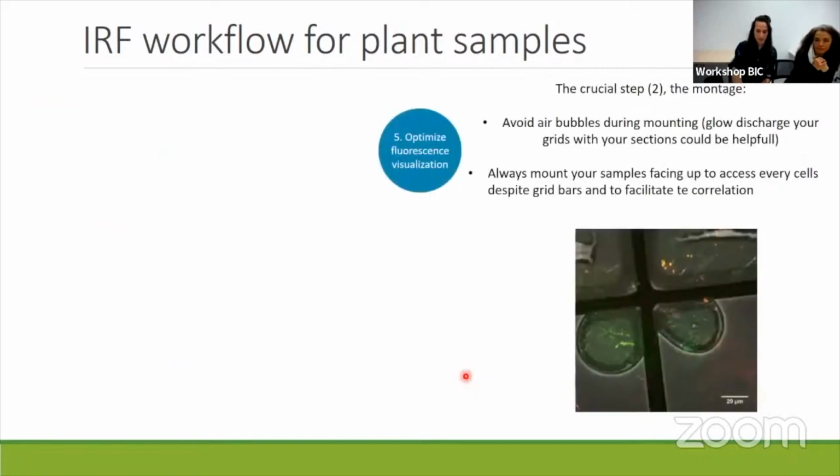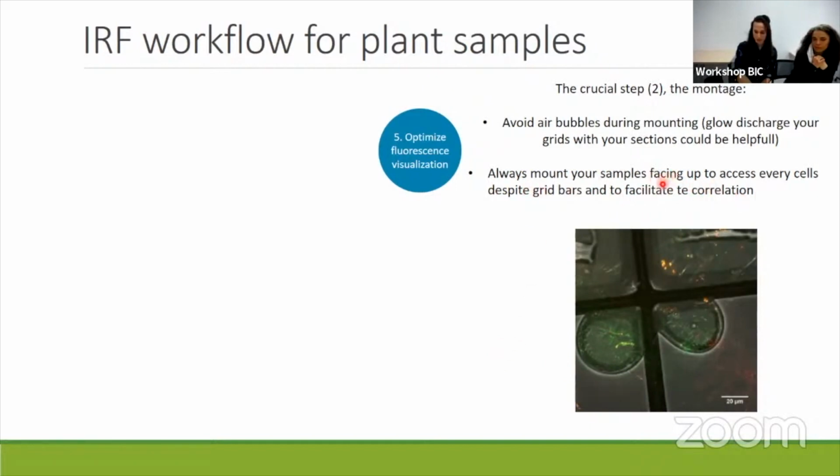Again, to optimize fluorescence visualization, you have to take care not to have air bubbles when you mount your sample between grid and cover slip. This is a tricky part. And remember to always mount your samples facing up.